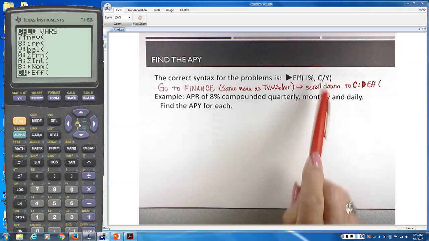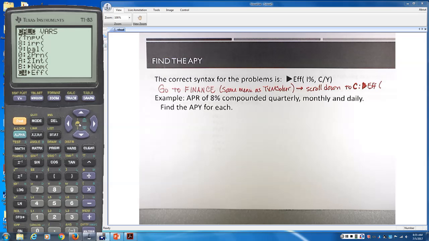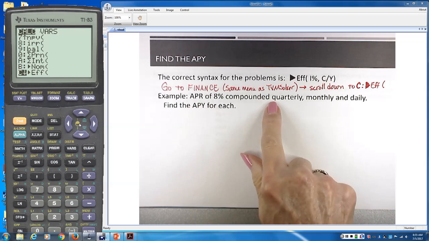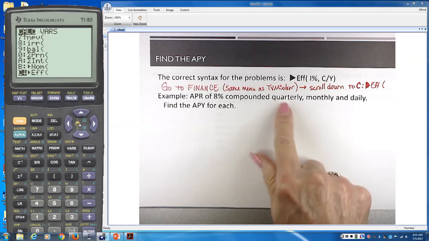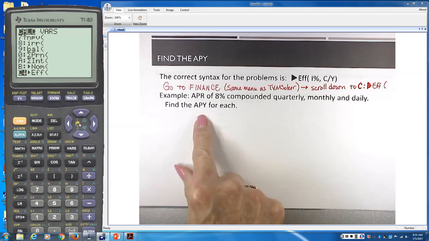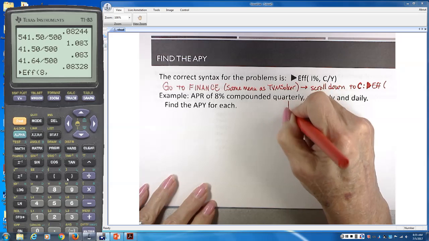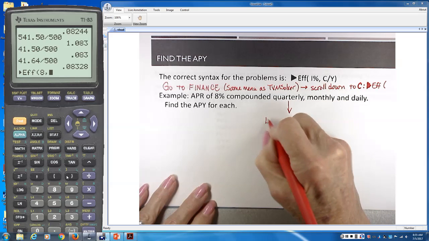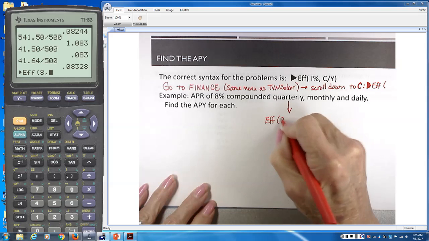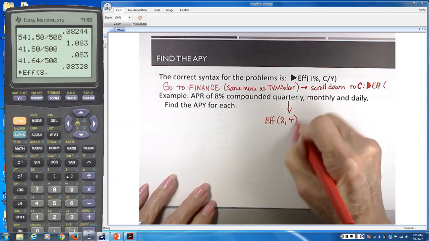And then you're going to enter in the interest rate and the compoundings per year. So find the APY of 8% APR compounded quarterly, monthly, and daily. Now, we've already found it the hard way. Let's find it the easy way. So we choose effective, and our annual percentage rate is 8%, so we're going to enter in 8. And quarterly means we're compounding 4 times.